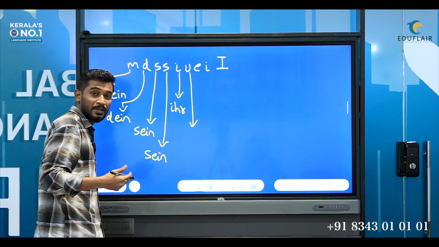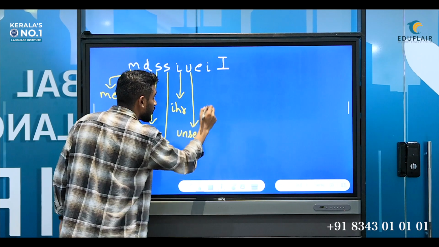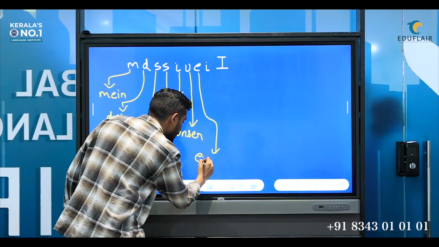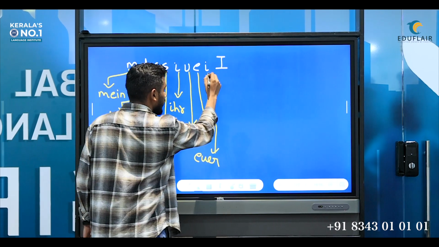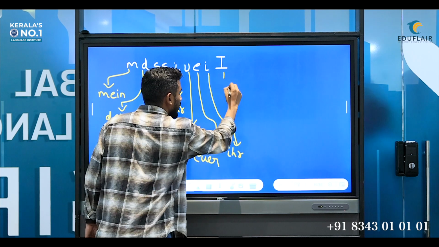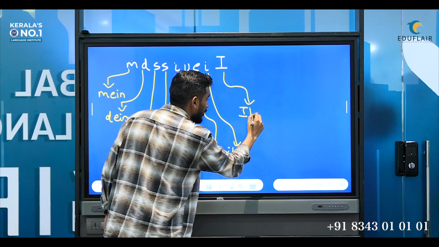Und, which basically means and in English, U for unser. England, E, which is basically euer. In, I is basically ihr, and the last one is I for India, which basically is Ihr.